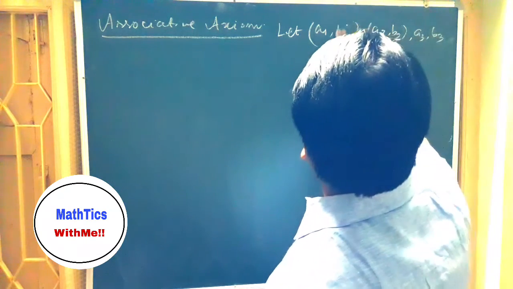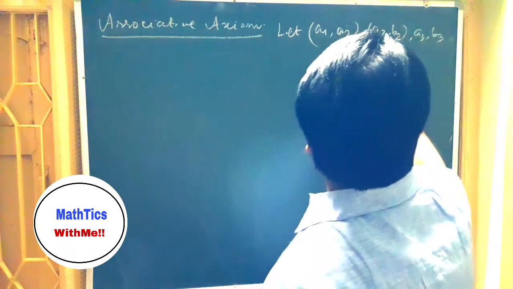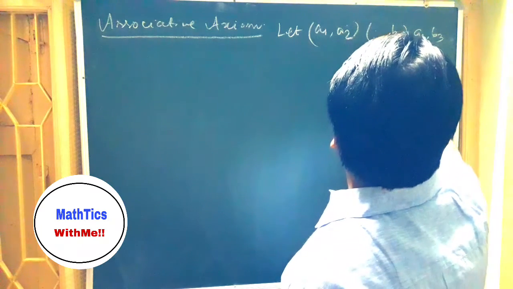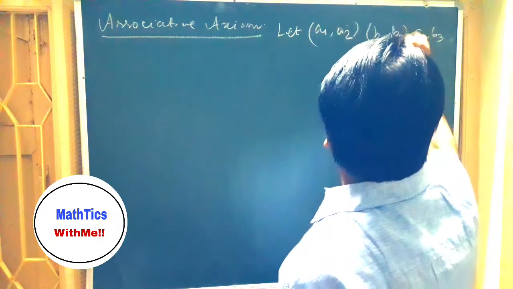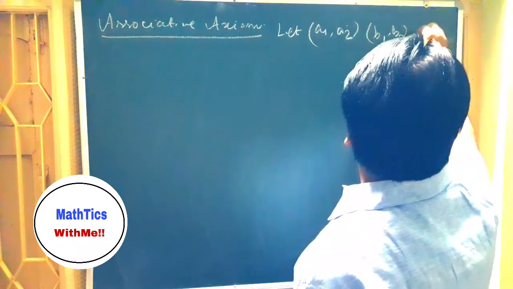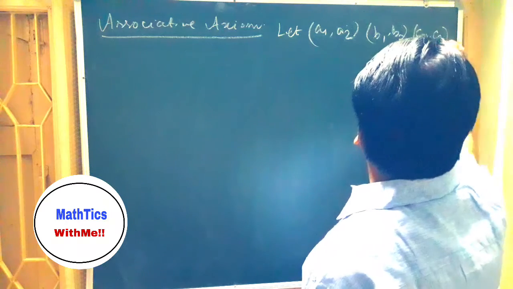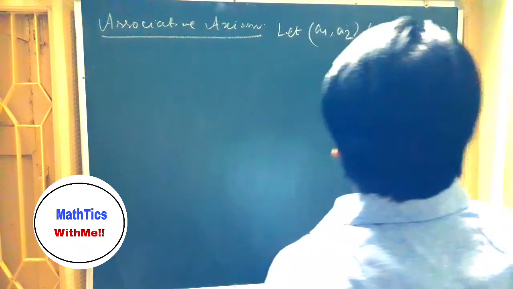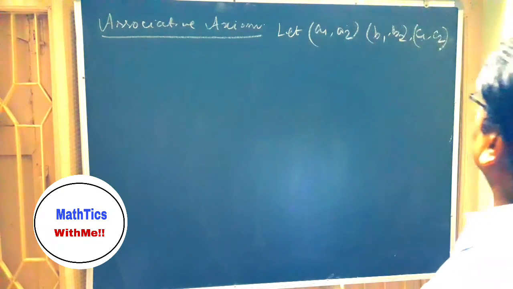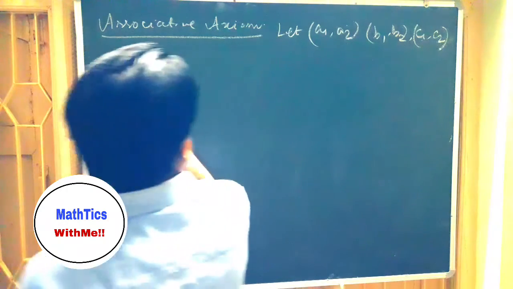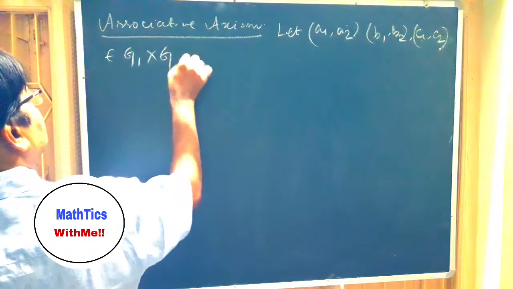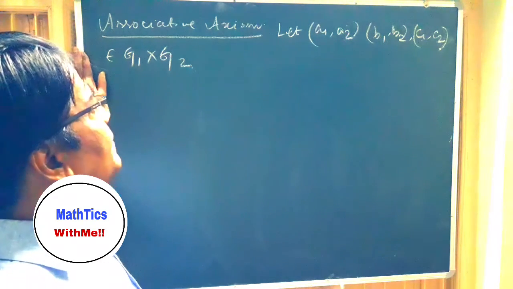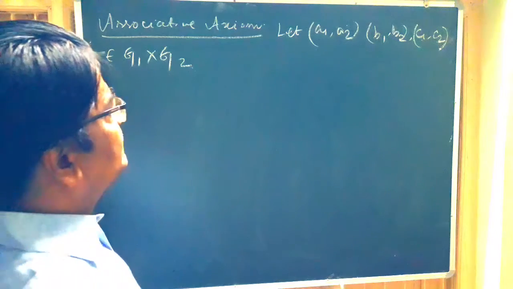Let (a1, a2), (b1, b2) and (c1, c2) belong to G1 cross G2. We have taken three elements.